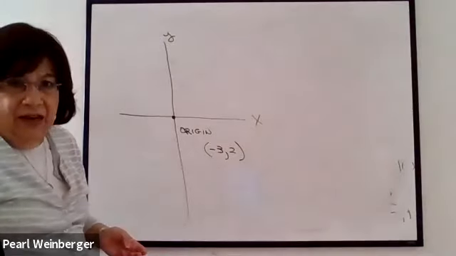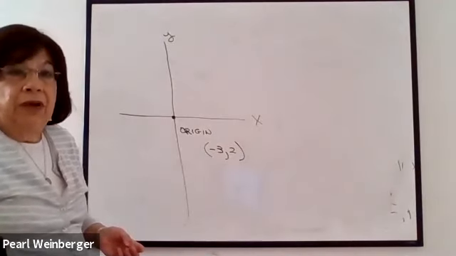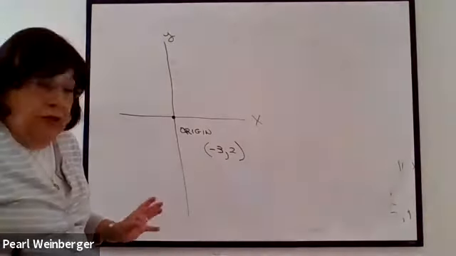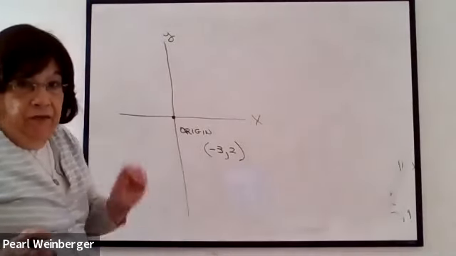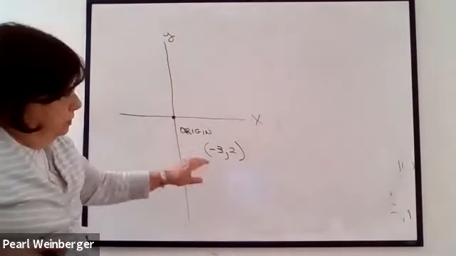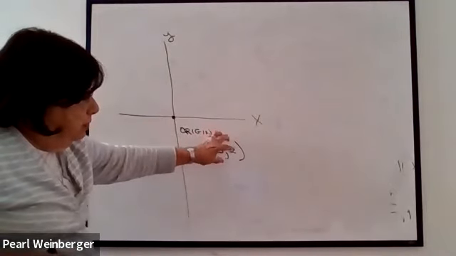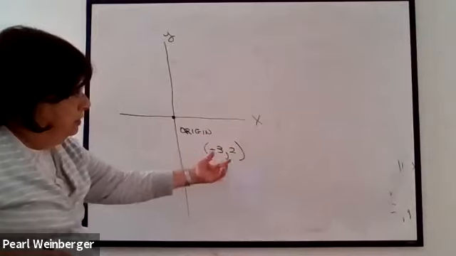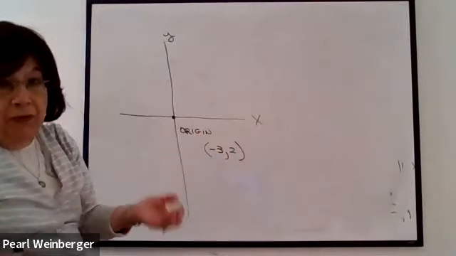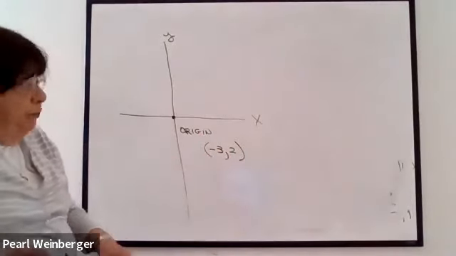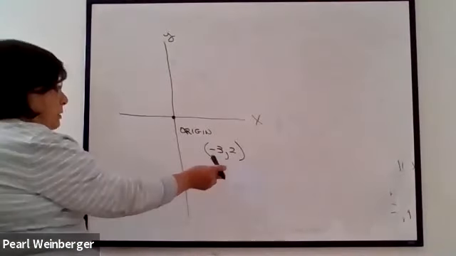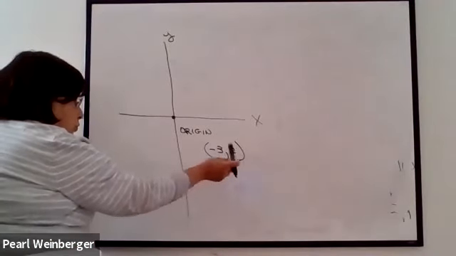Now you're going to say that's not a point, that's 2 numbers. But in our graphing system, every pair of 2 numbers will represent a single point. And we'll always put these numbers in parentheses so you know that what we're talking about is a point. Where is this point -3, 2?